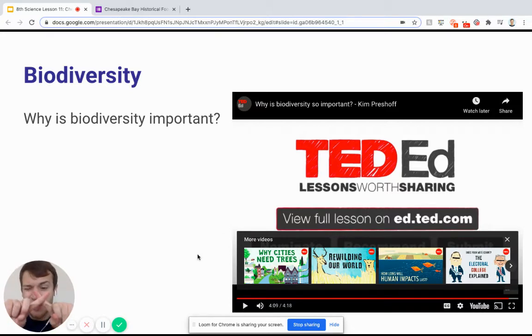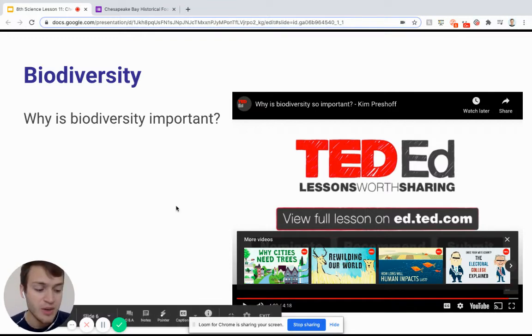If each cross in the net is one species in a really, really biodiverse ecosystem, if one species goes out, then there's just a tiny hole in the net, and nothing can really slip out. But if your ecosystem only has 5 species, and one of those species goes out, suddenly you have a giant hole in your net, and that net is going to collapse. Your ecosystem will collapse. So having a biodiverse ecosystem protects the ecosystem from collapse.